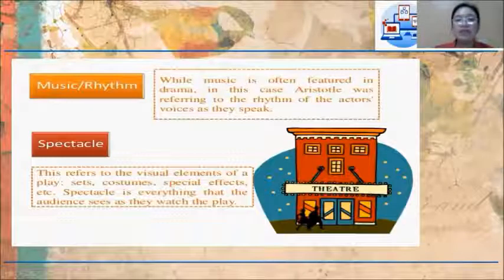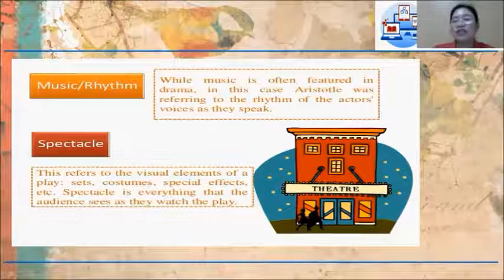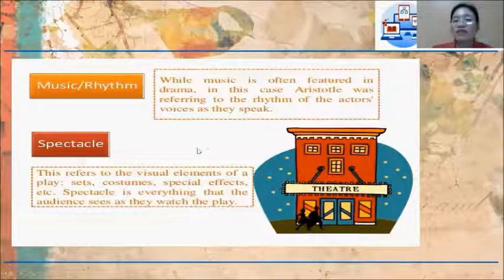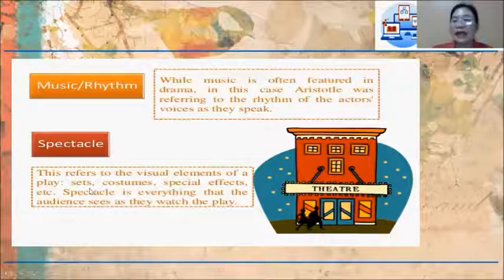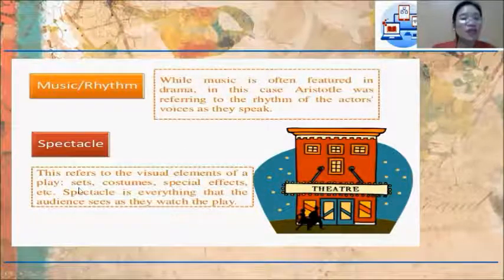Then we have music or rhythm. While music is often featured in drama, in this case, Aristotle was referring to the rhythm of the actors' voices as they speak. Now, when you say spectacle, this refers to the visual elements of a play, like sets, costumes, special effects, and others.